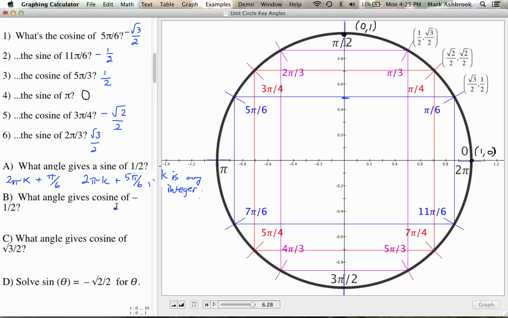Okay. Similarly, what angles give a cosine of negative 1/2? So a cosine of negative 1/2 would occur here, where we're 1/2 unit to the left of the vertical diameter for the negative.